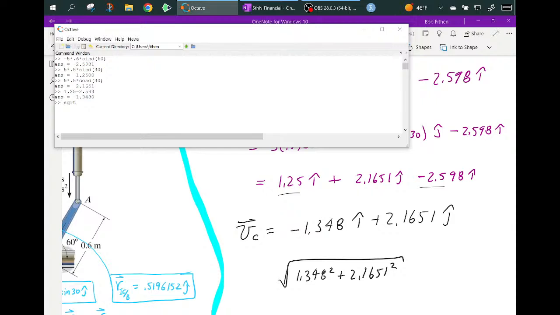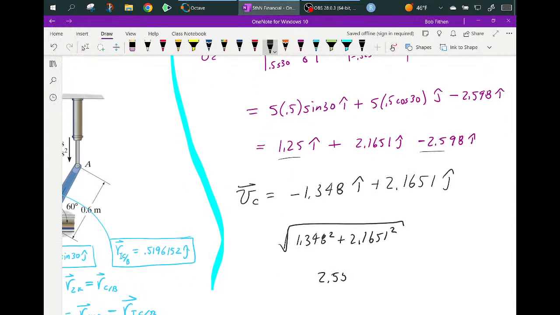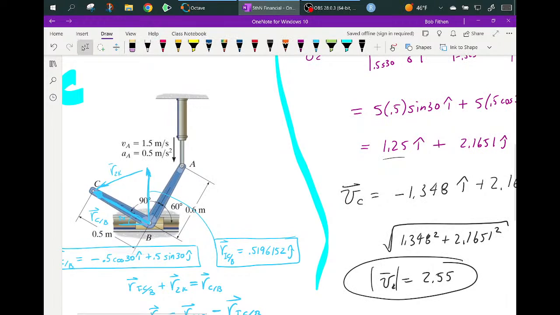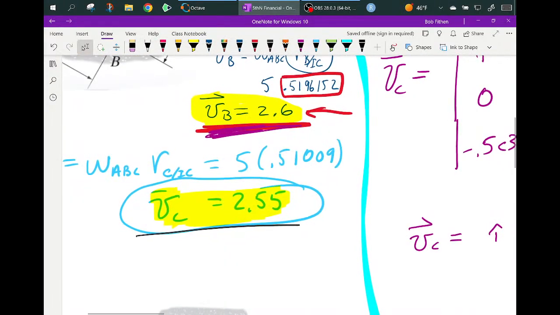Let's do a square root of 1.348 squared plus 2.1651 squared. About 2.55, okay, 2.55, that's what I get for the magnitude. That's what we got here.